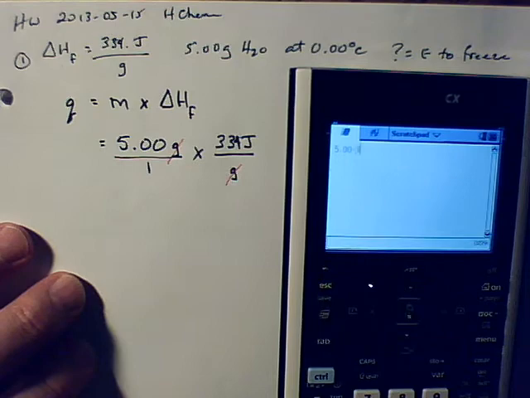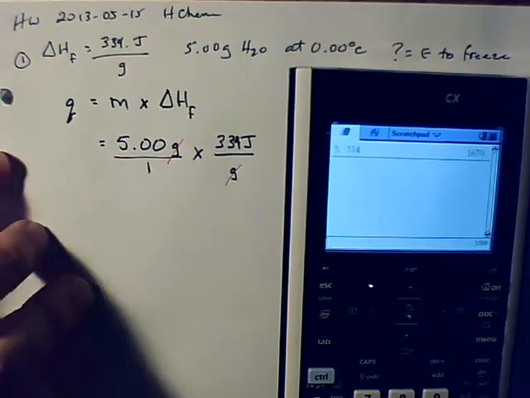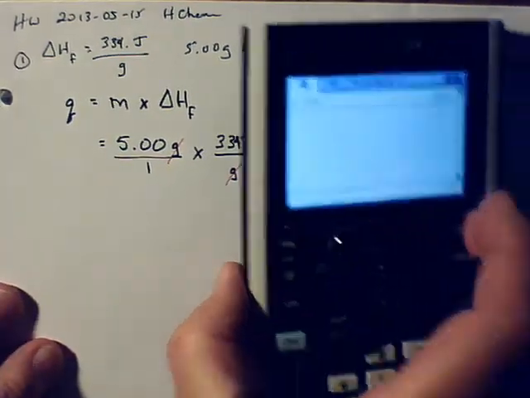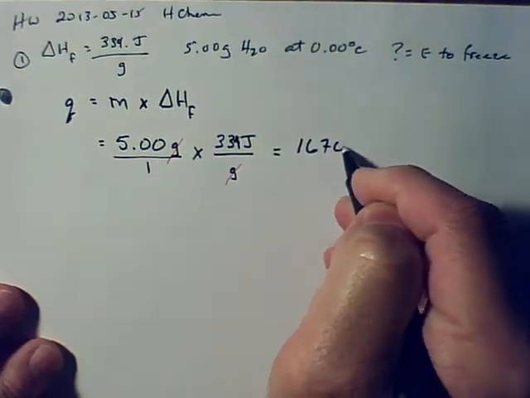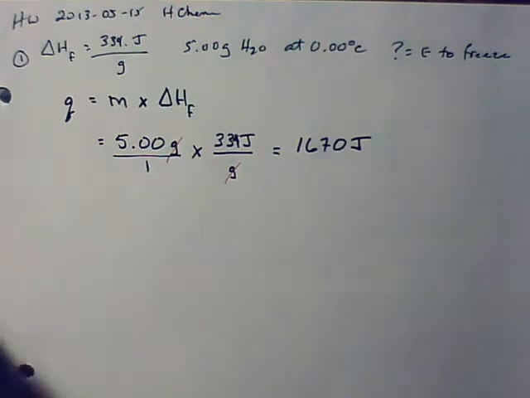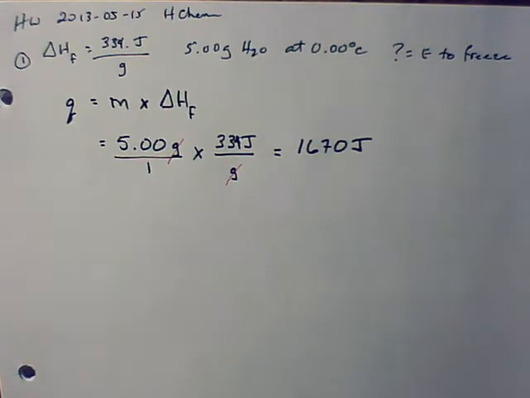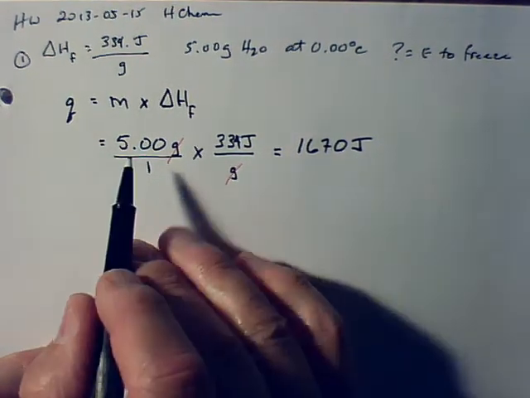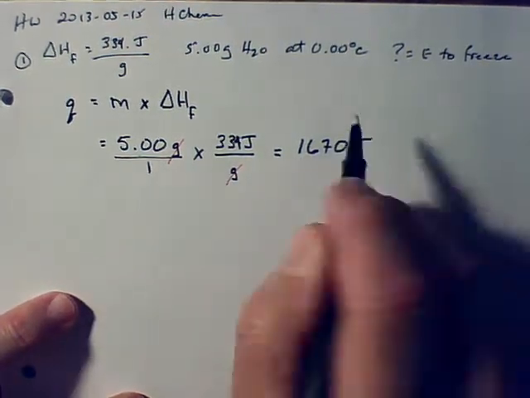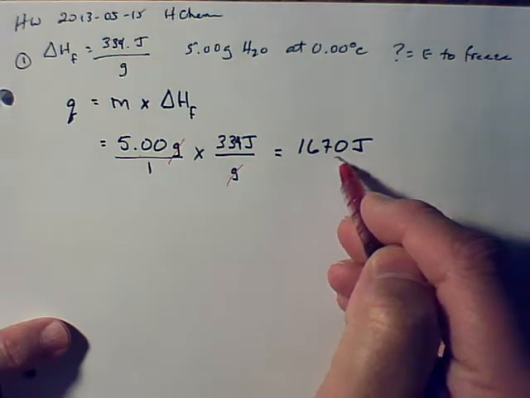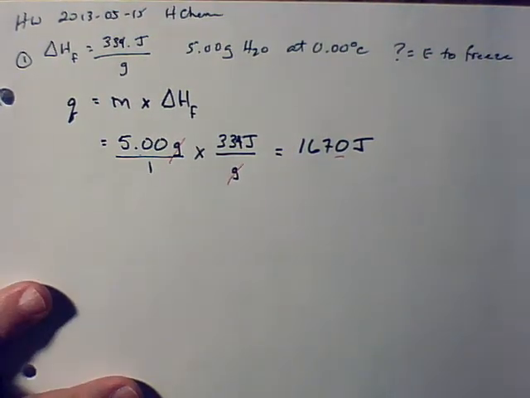5.00 times 334, and we get 1670. But this has to be in 3 significant digits. Both these numbers are in 3 significant digits. So we're going to have to underline the last digit, and we're going to have to round off to 3 digits.